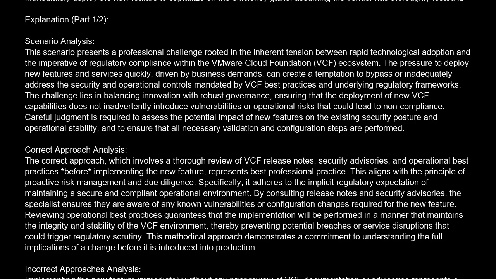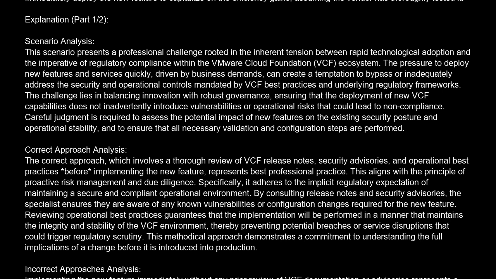By consulting release notes and security advisories, the specialist ensures they are aware of any known vulnerabilities or configuration changes required for the new feature. Reviewing operational best practices guarantees that the implementation will be performed in a manner that maintains the integrity and stability of the VCF environment, thereby preventing potential breaches or service disruptions that could trigger regulatory scrutiny.